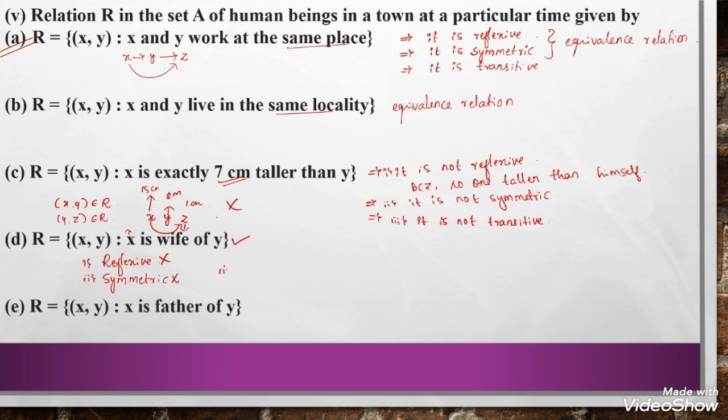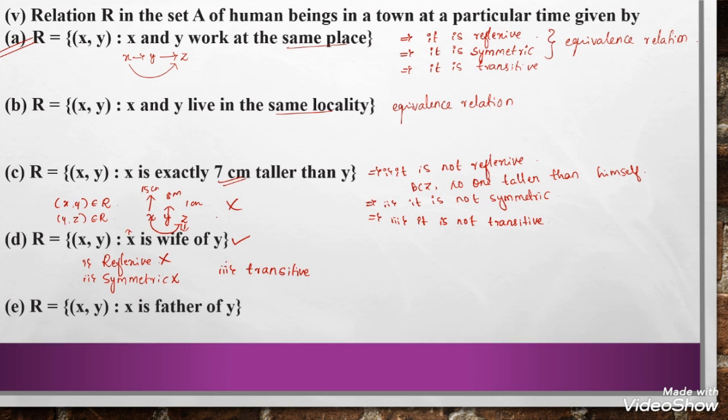Similarly, for the third one, transitive condition. x is wife of y. Yes. y is a male person. While considering x comma y, x is wife of y.